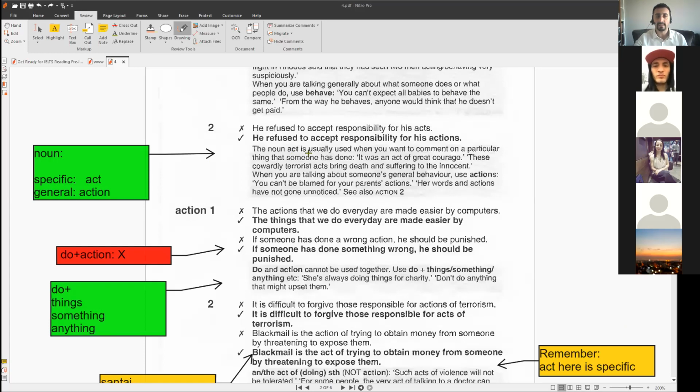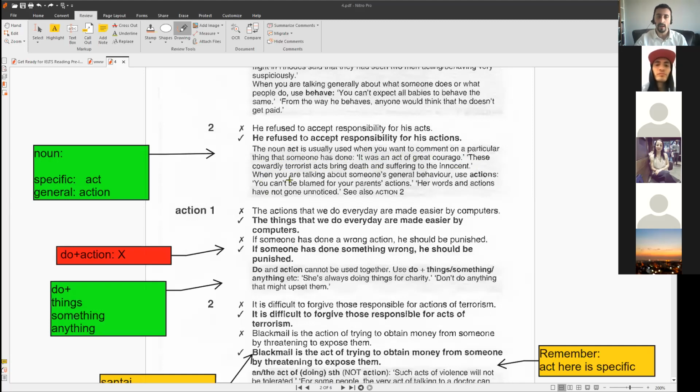The noun act is usually used when you want to comment on a particular thing that someone has done. So again, act is special, particular, to the point. We know it, not general. Like this, it was an act of great courage. These cowardly terrorist acts bring death and suffering to the innocent.